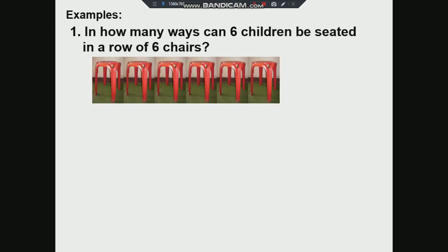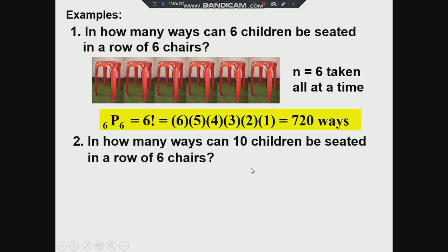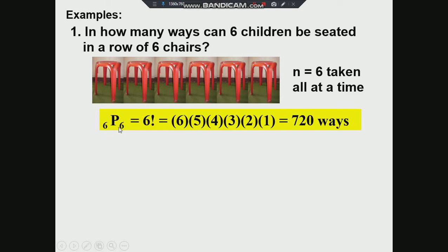Number 1, in how many ways can 6 children be seated in a row of 6 chairs? N equals 6 taken all at a time. So therefore, we will be having 6 permutation 6 because there are 6 children and all of them will be sitting in a row of 6 chairs.